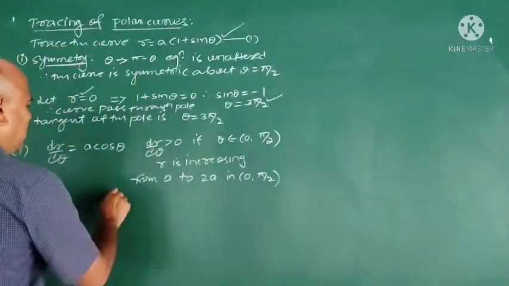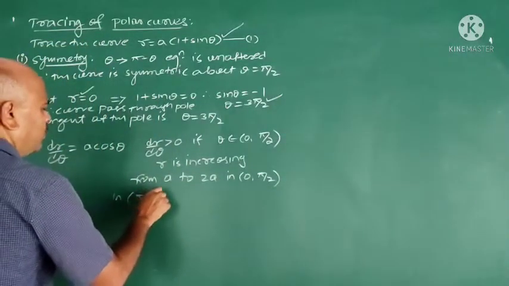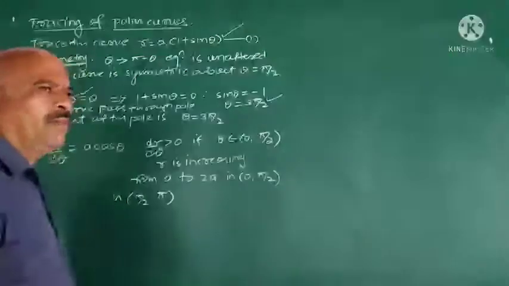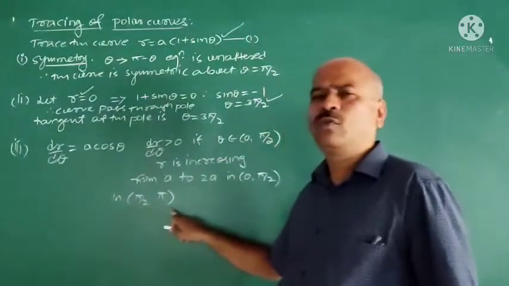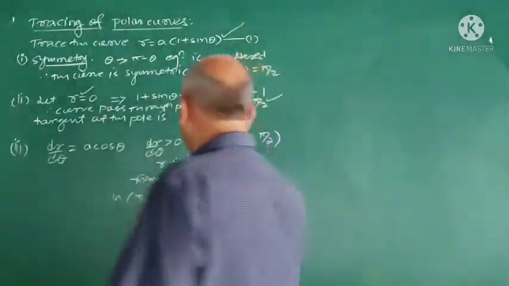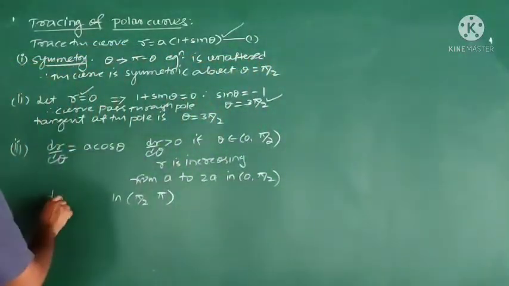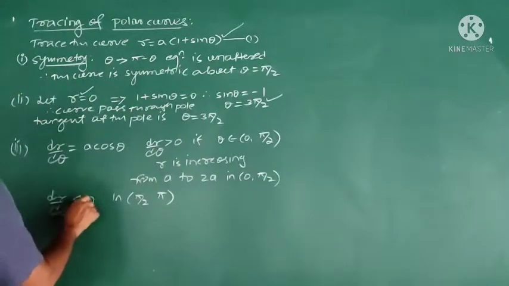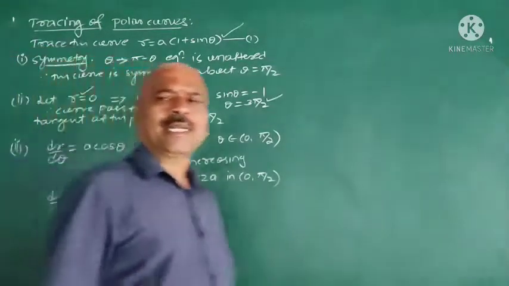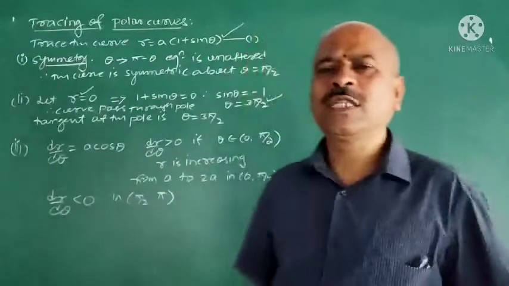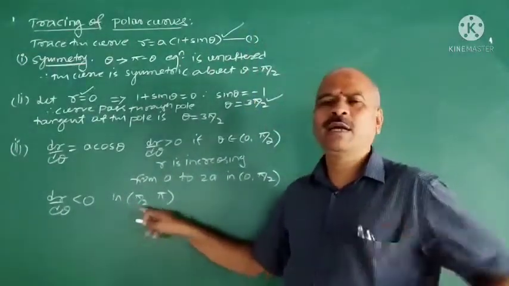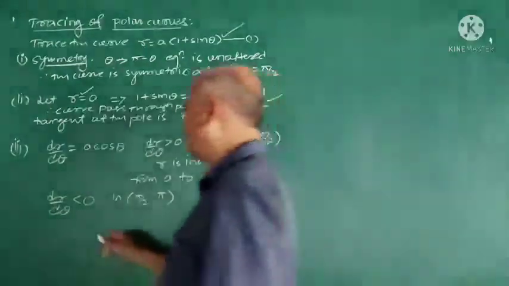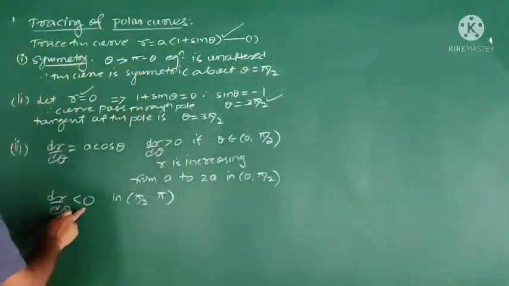Next, pi by 2 to pi. Suppose theta increases from pi by 2 to pi. Further, r decreases because dr by d theta is negative. In the second quadrant, cos theta is negative. Therefore, for theta from pi by 2 to pi, dr by d theta is negative.